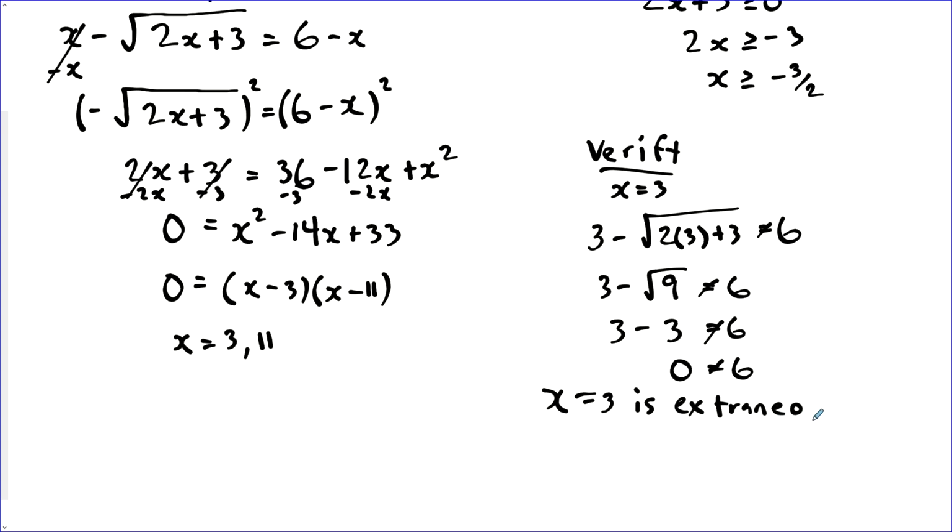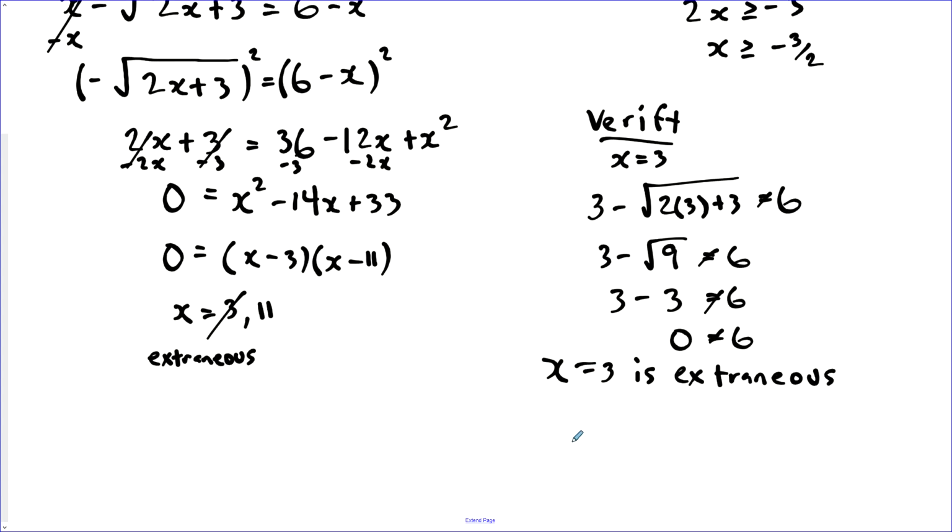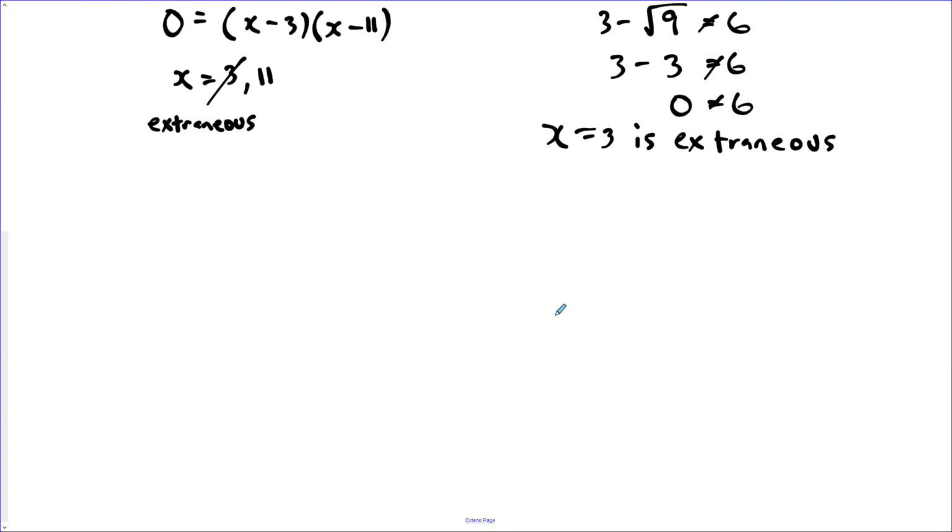Extraneous means that it's an algebraic solution that we found, but that doesn't actually work. And it doesn't work in this case because we only take the principal square root. So we'll cross this one out and we'll write extraneous. Whenever you're solving algebraically, you must show this solution and then show that it will not work. Let's check the other one, 11, make sure it works.